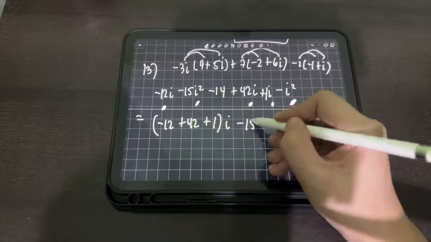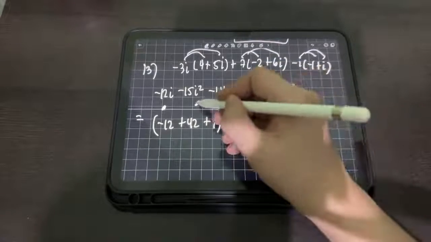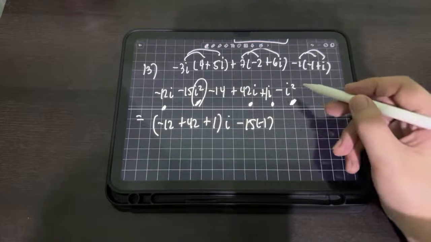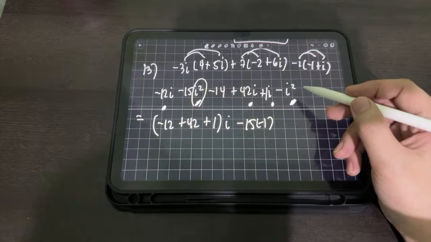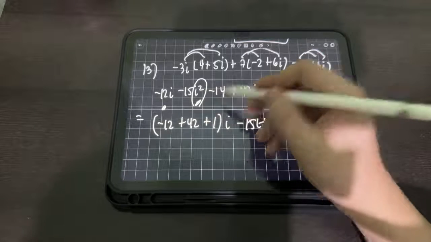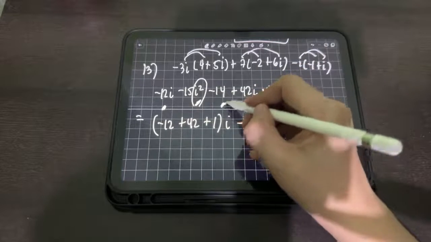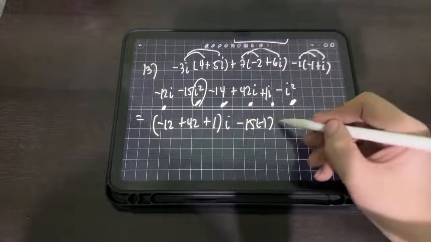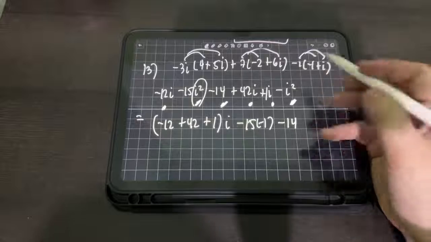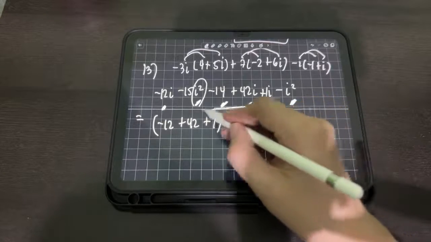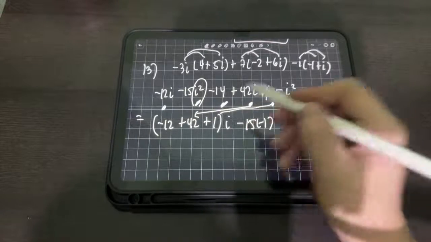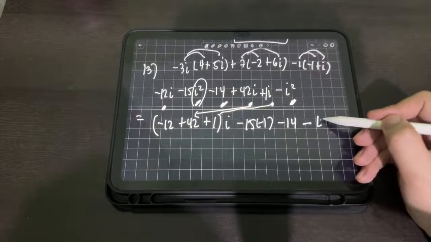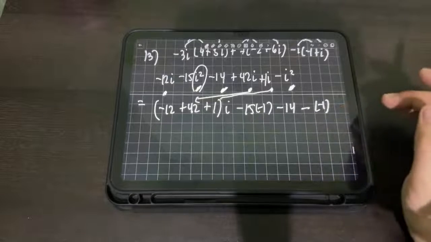So we will have negative 15 times negative 1, and then negative 14. We haven't combined this negative 14 yet because this is just a real part. So copy negative 14, positive 42i already here, positive 1i already here, then minus i squared. Again, the i squared is equivalent to negative 1.